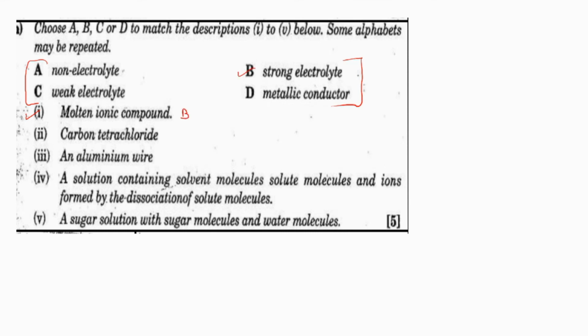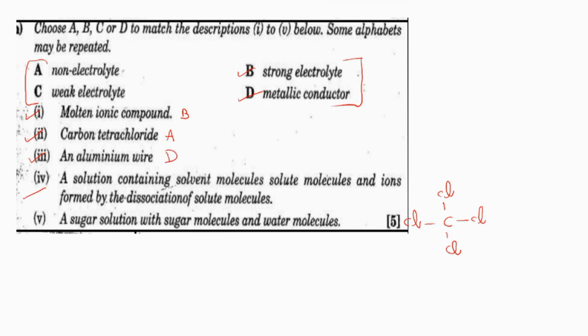Correct? B, carbon tetrachloride. I didn't discuss that. Remember, carbon tetrachloride is a non-polar covalent compound. If you are adding that to water also, it won't ionize. You should remember that. Okay, A. And aluminium wire. See, the option is D, metallic conductor.